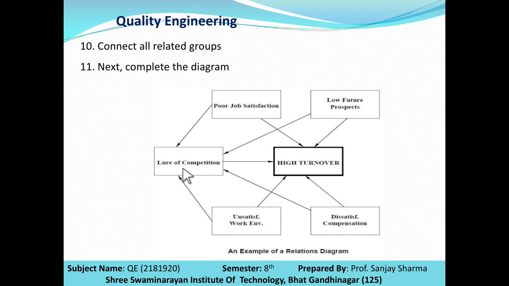Dissatisfaction with compensation will affect the lure and high turnover. Ultimately, all these causes are interrelated with each other. This is an example of how we can develop a relation diagram, and with the help of this we can identify the quality tools.